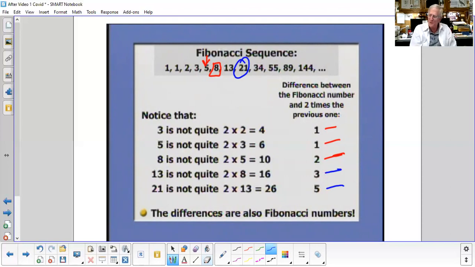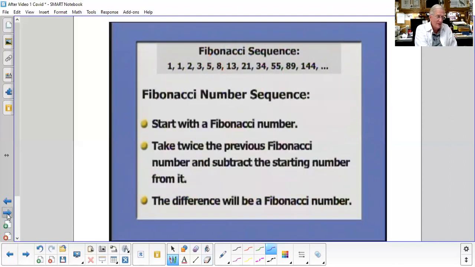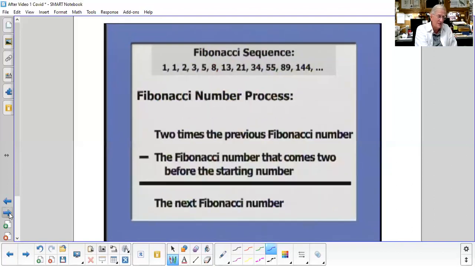Notice, what am I producing again? I'm producing the Fibonacci sequence all over again, just using a different method to get it. So start with the Fibonacci number, take twice the previous number and subtract the starting number from it. The difference will produce a Fibonacci number. Crazy, huh? Crazy.